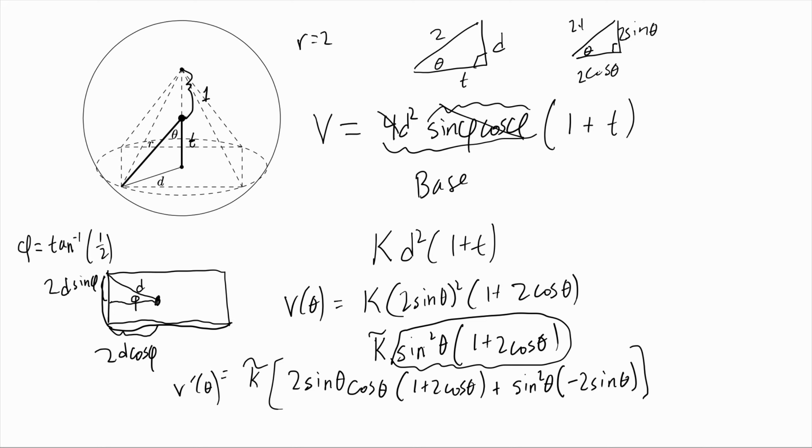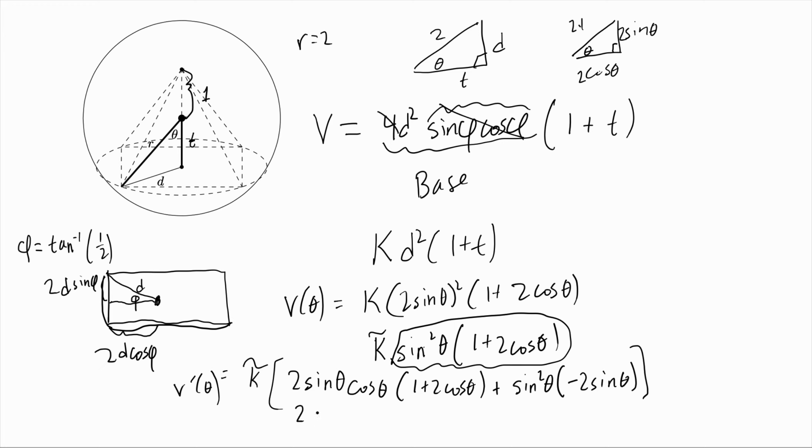What I could do is multiply this through. So I get 2 sine theta cosine theta, and then I could either multiply it through right now or just put x's and y's everywhere. I could do either way. Maybe I'll do that, because I like to change all my sines to y's and my cosines to x's.